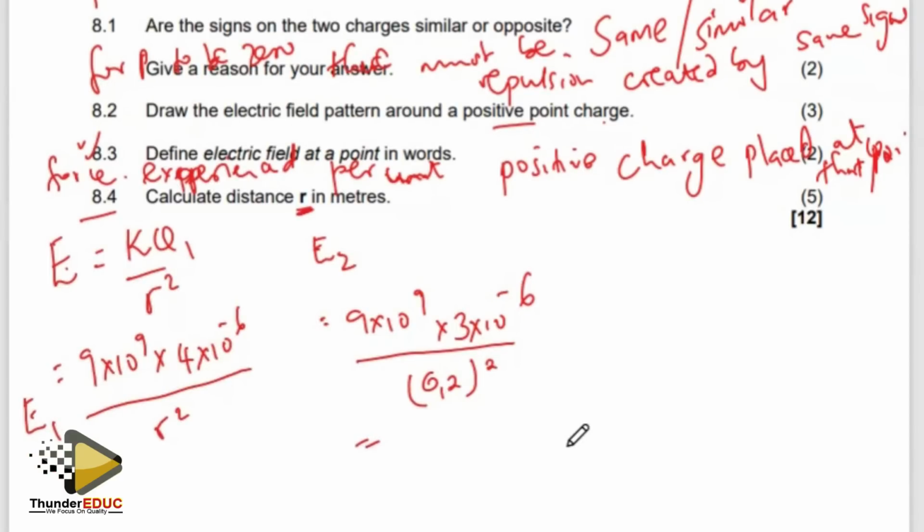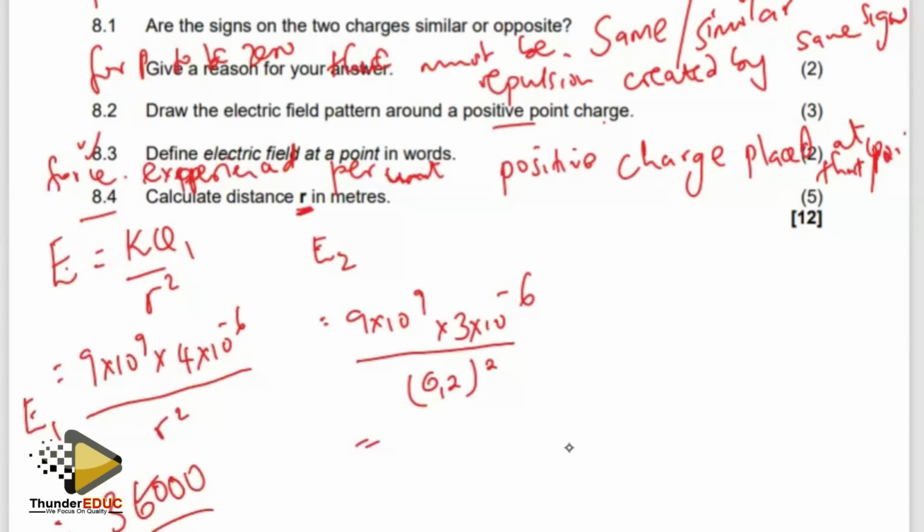When I simplify the first one here, so that I just have the r squared, it's just going to be 9 times 10 to the 9, multiplying by 4 times 10 to the negative 6, which is 36,000 over r squared.